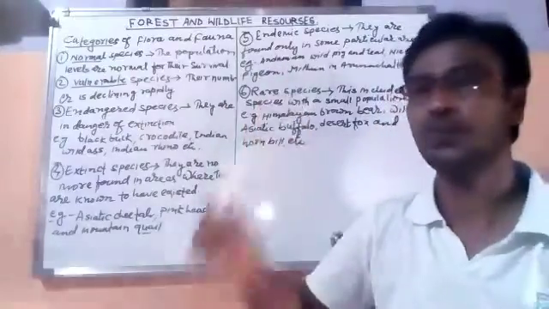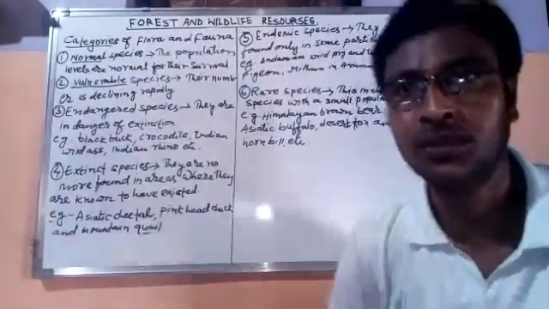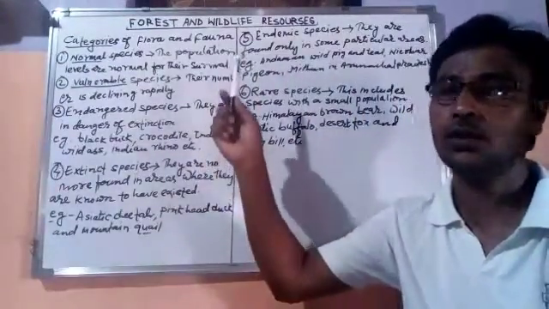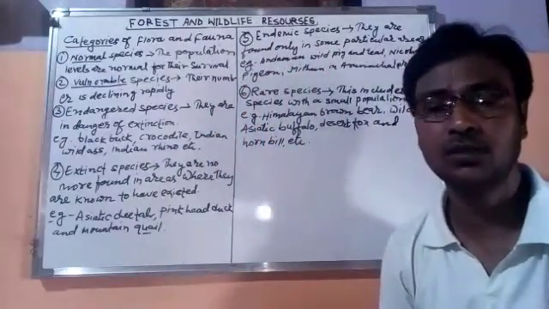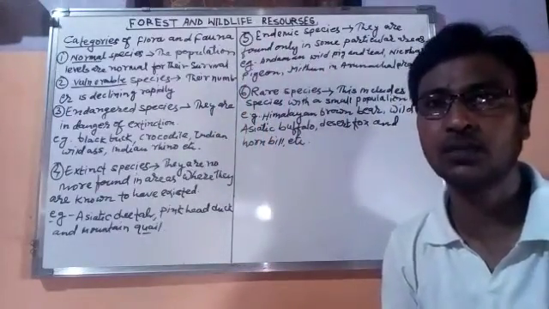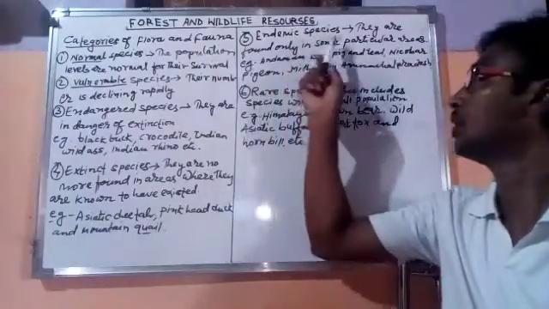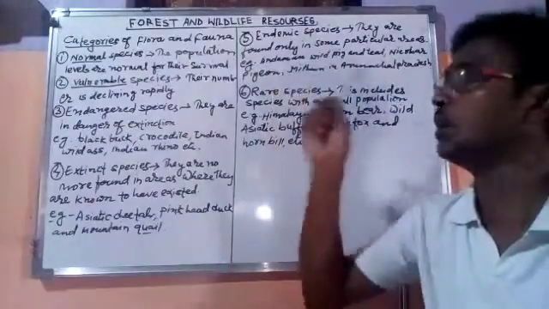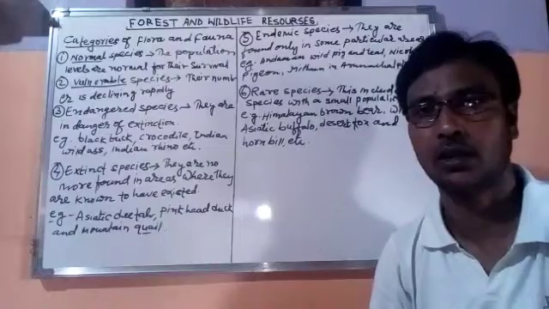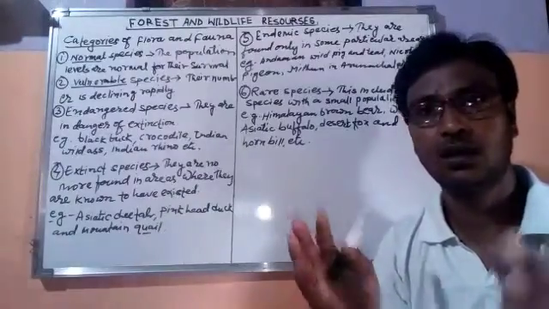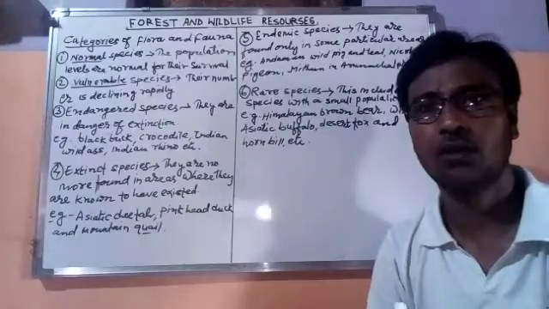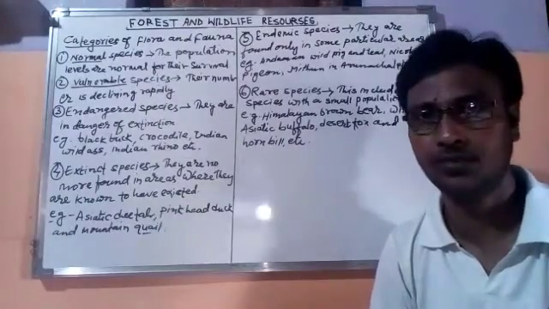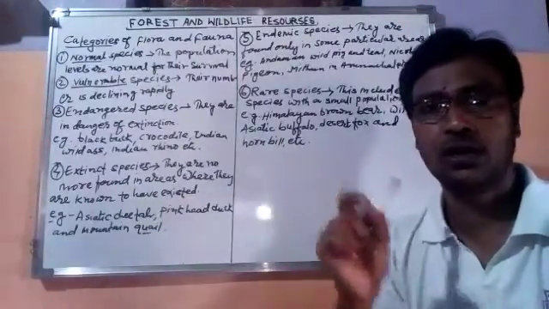Moving to the fifth species, that is the endemic species. Students, when I say endemic species, they are found only in some particular area. They are limited to some particular area of the earth. They are not found everywhere because they are endemic.